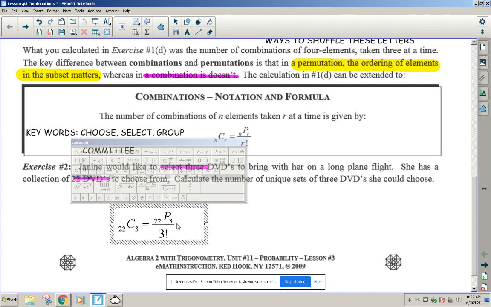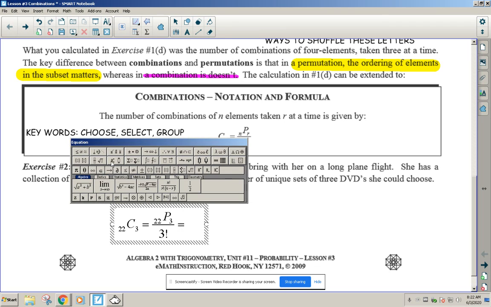And if we write out exactly what that gives us, 22 pick 3 numbers means you're starting with 22. You're going to multiply that by 21, and then you're going to multiply that by 20.